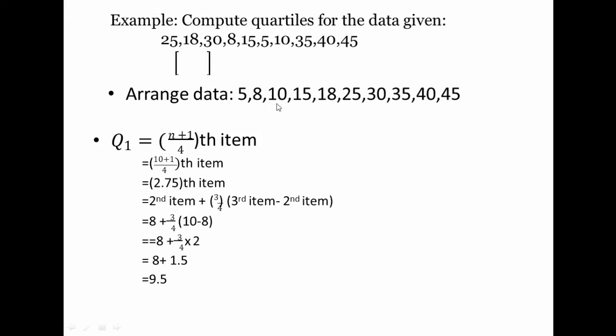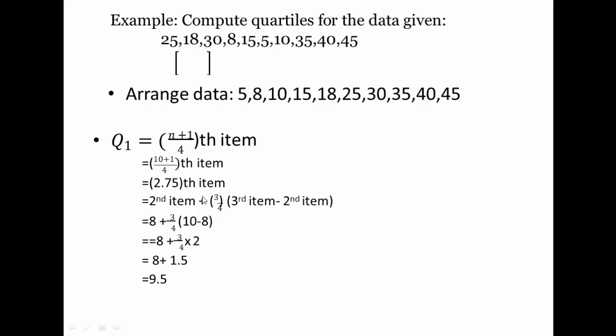The third item is 10 and the second item is 8. So the 2.75 item is the position of Q1. The position 2.75 means the second item plus 3 by 4 into the third item minus the second item.